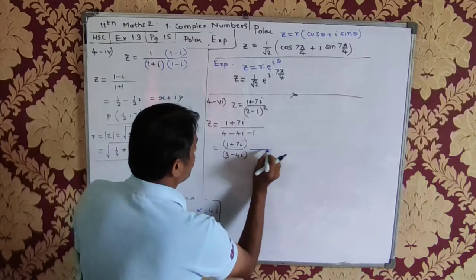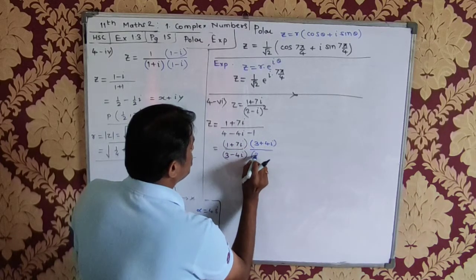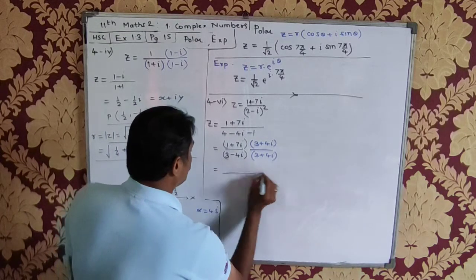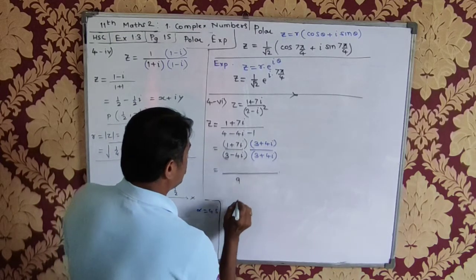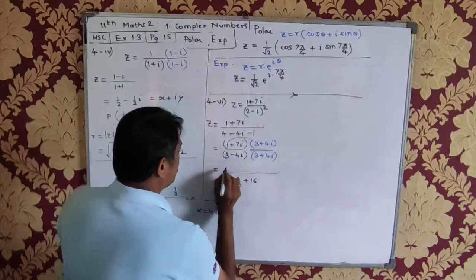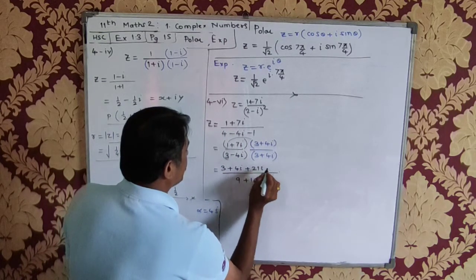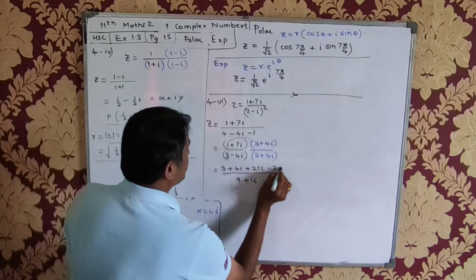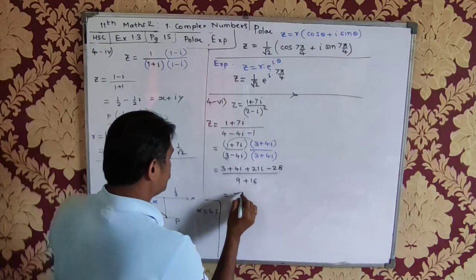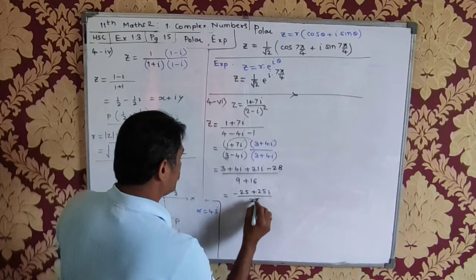Multiply and divide by 3 plus 4i. So Z is equal to 3 plus 4i plus 21i minus 28, upon 9 minus 16 i square, which is plus 16, that is 25. 3 minus 28 is minus 25, plus 25i upon 25.